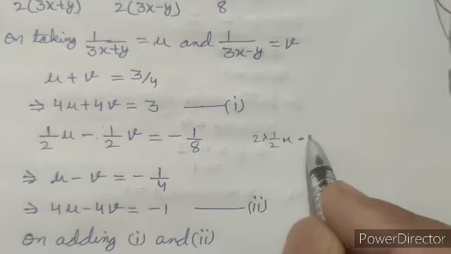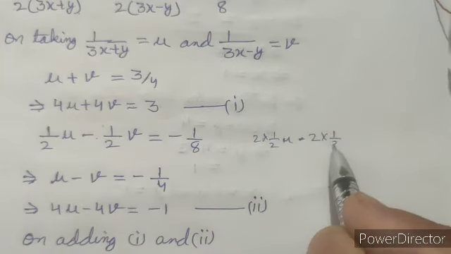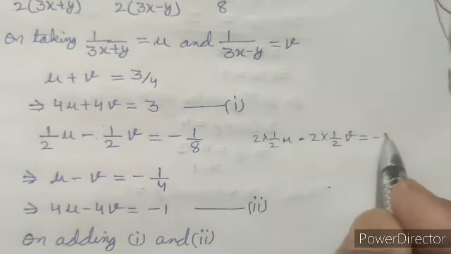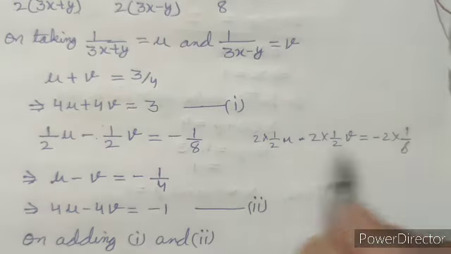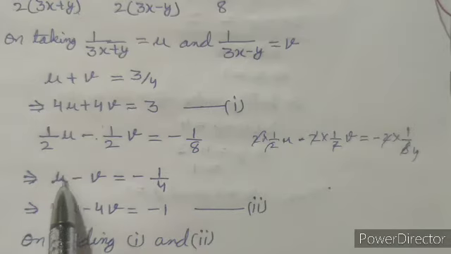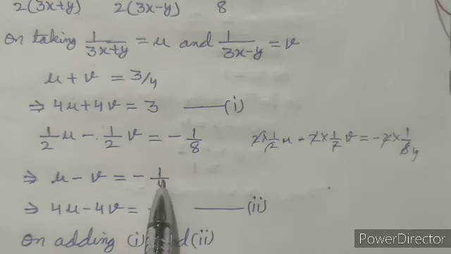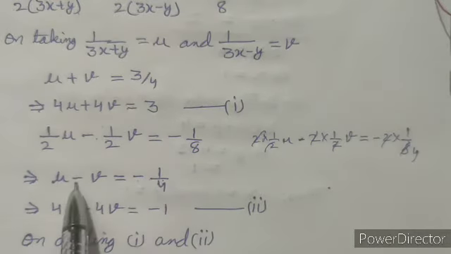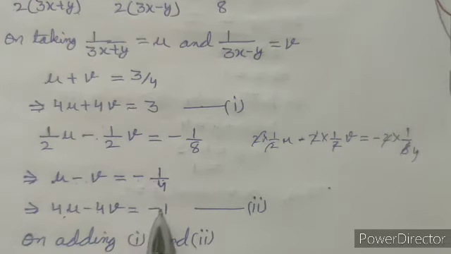Now I am multiplying it by 2, 2 into 1 by 2v, and that will go minus 2 into 1 by 8, and this will give us u minus v equal to minus 1 by 4. And again on multiplying both sides by 4, we will get 4u minus 4v equal to minus 1.